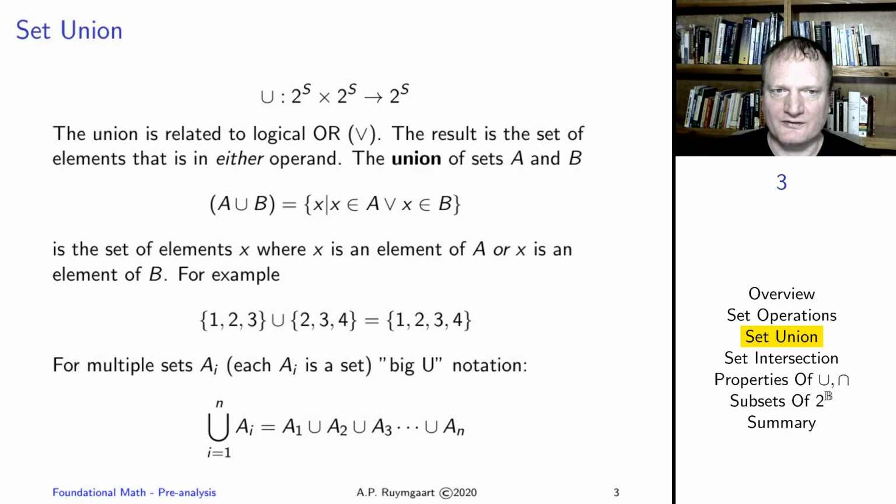The set union is an example binary operation that takes two set inputs and produces another set as output. The union is related to the logical OR operation as follows.